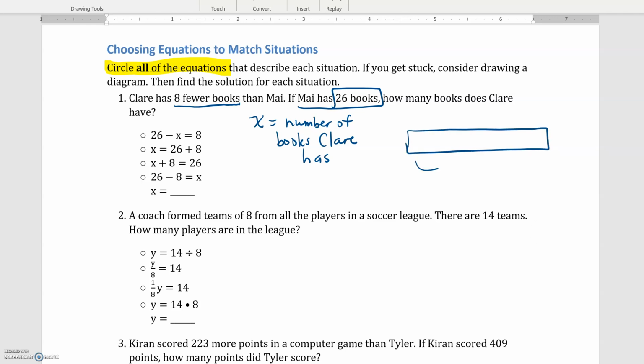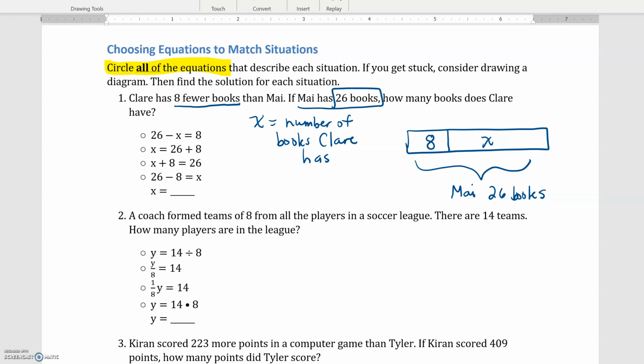And I know that Mai has a total of 26 books. Claire has 8 less than Mai, so there's going to be some part taken away of 8. But what I don't know is what Claire has, and that's my x value here.